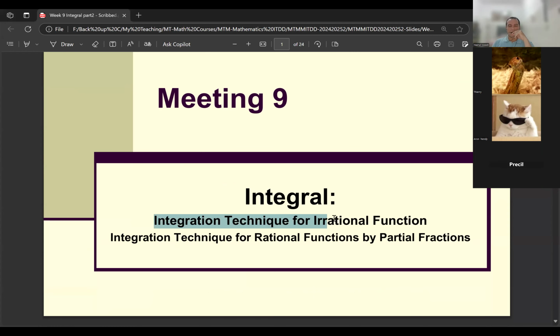We will talk about integration technique for irrational function. And the second, we will talk about integration technique for rational function by partial fraction. So this evening, we will talk about two things: irrational function and partial fraction.